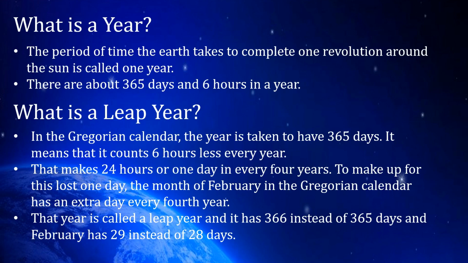That year is called a leap year, and it has 366 days instead of 365 days. That is, only February has 29 instead of 28 days. This was all about the leap year.